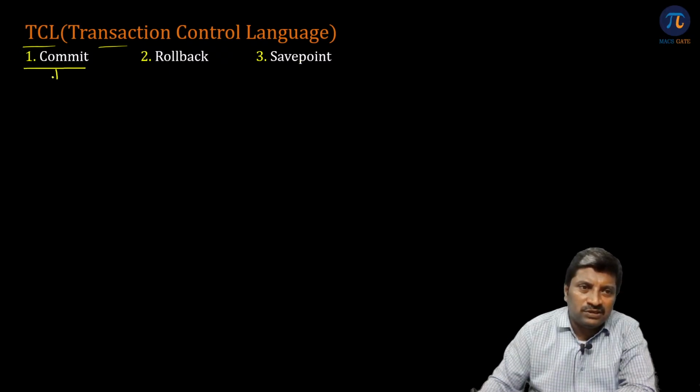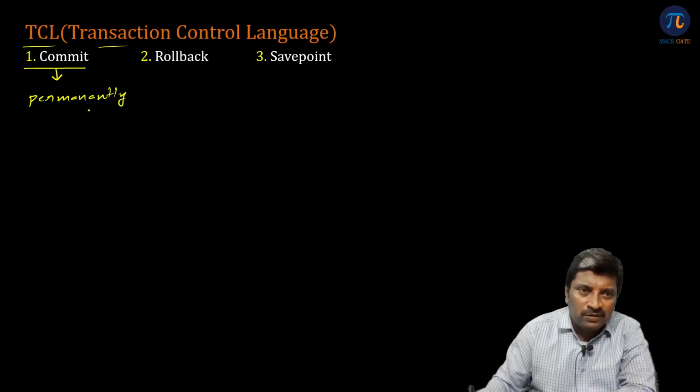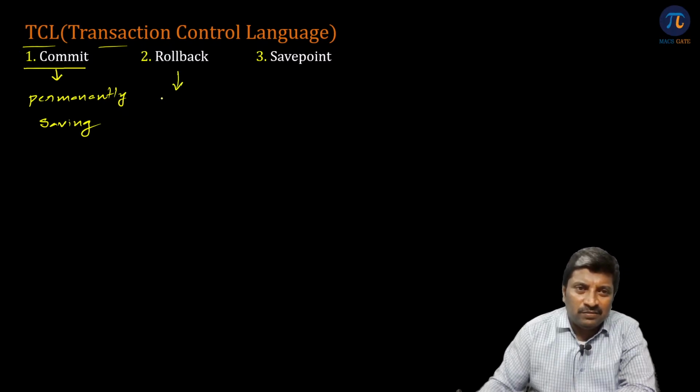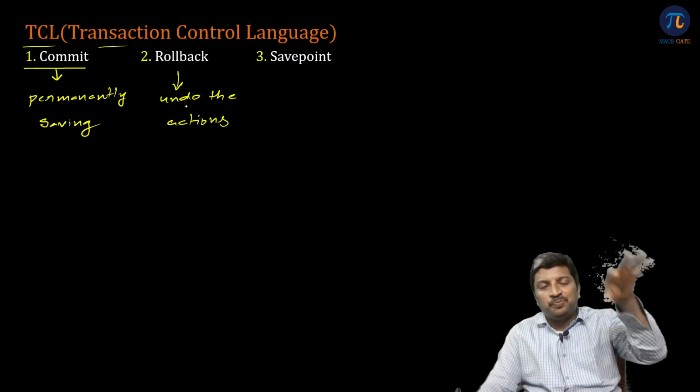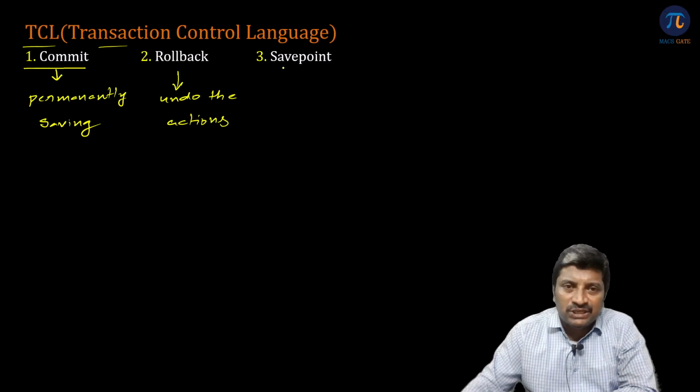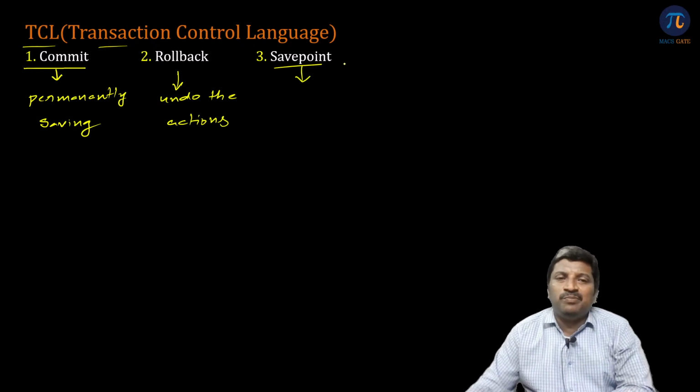Commit, in general English, means permanently saving. Rollback, in simple English, means undo the action, go to some specified previous stage. Save point, this is the main one, sir.